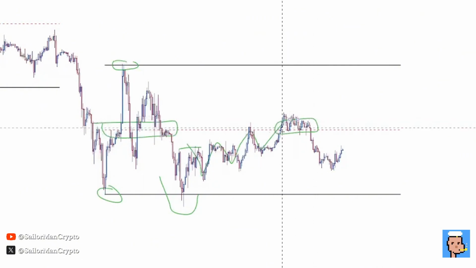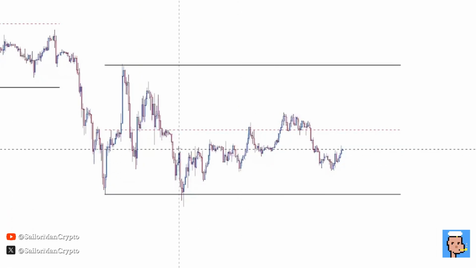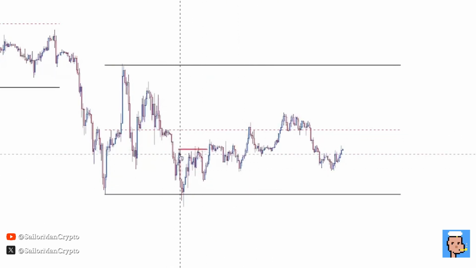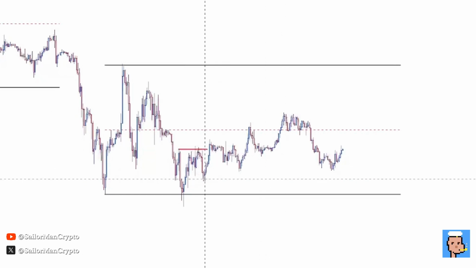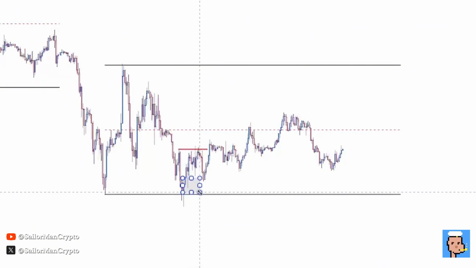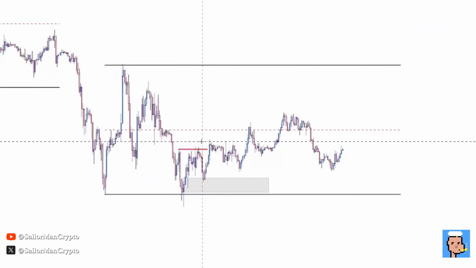In this case, the setup would have looked something like this. So we do have the market structure break here. As you can see, there is the deviation, and then there is the market structure break. This was potentially the demand area that formed, that was created before the market structure break.